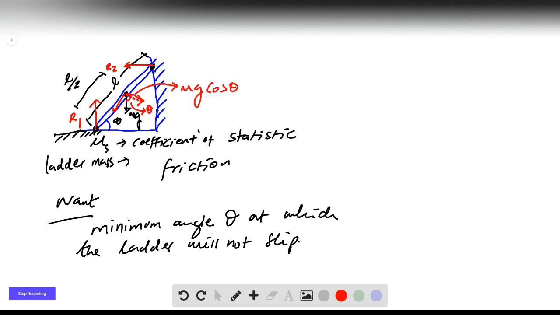And then also there's a frictional force that way. We're going to call it FR. And just remember that FR by itself is mu static friction times the normal reaction.